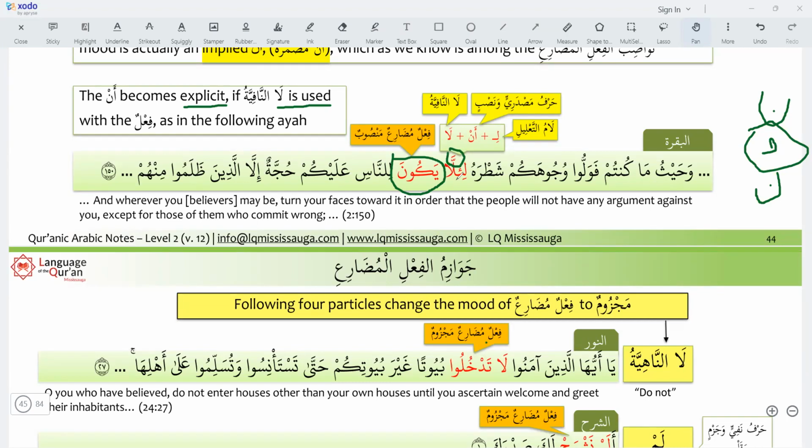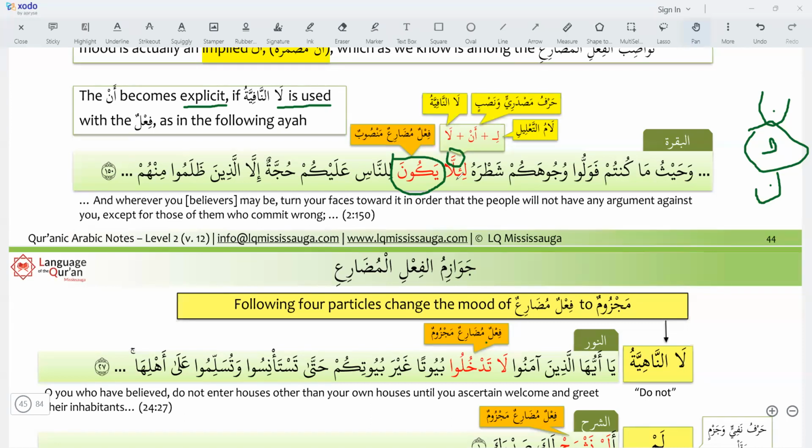Okay. Do any of you have any question? Our time is running out. We have one minute. Then what is the meaning of la nafiya? You will learn about the nafiya, lam ta'lil.